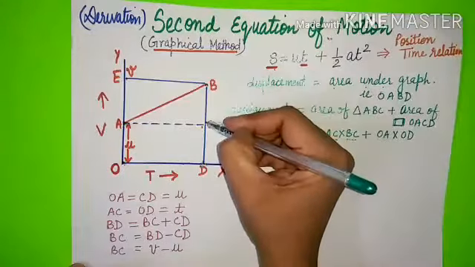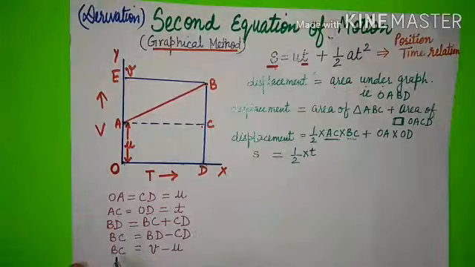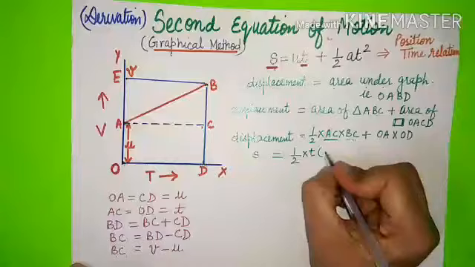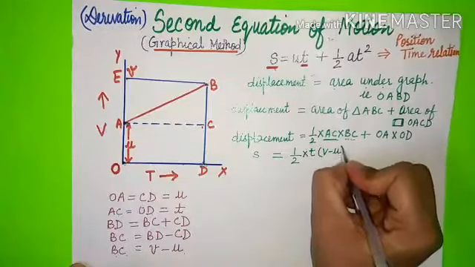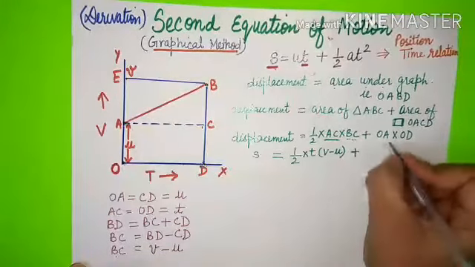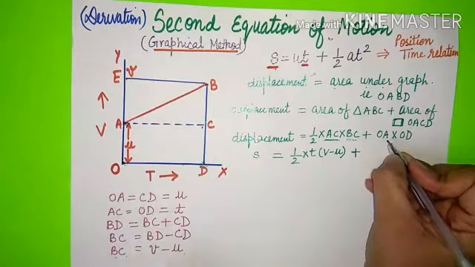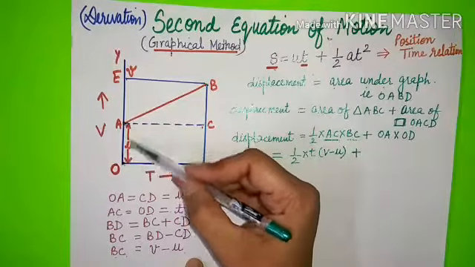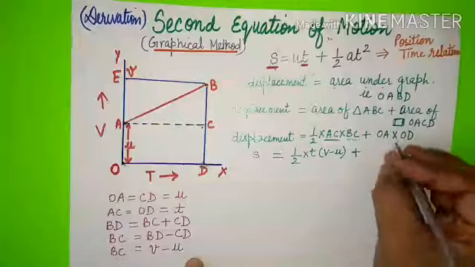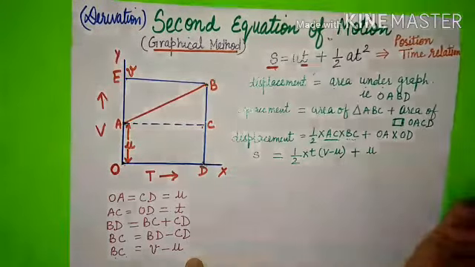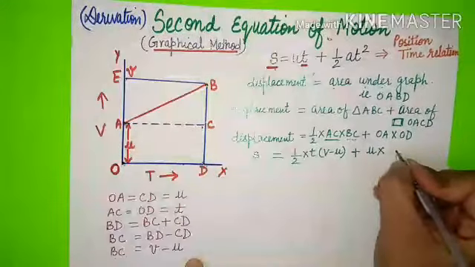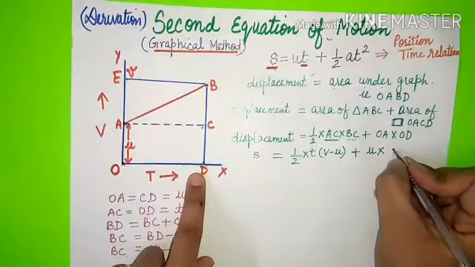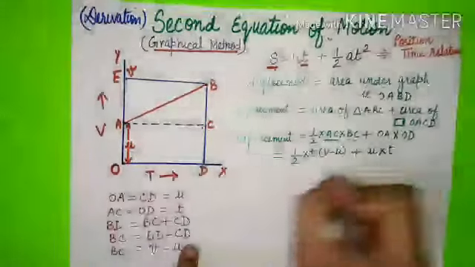We have already calculated BC is equal to V minus U. So here you can mention V minus U plus, what is OA? OA is equal to U, because here you can see OA is U, the initial velocity. So now you can put the value, OA is U into OD. OD is again time. Clear?